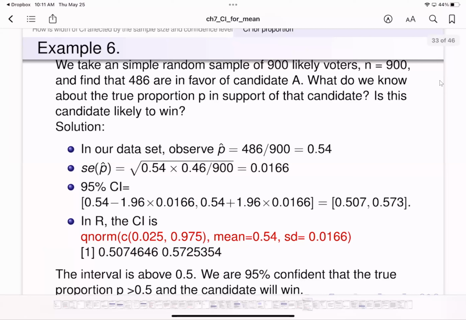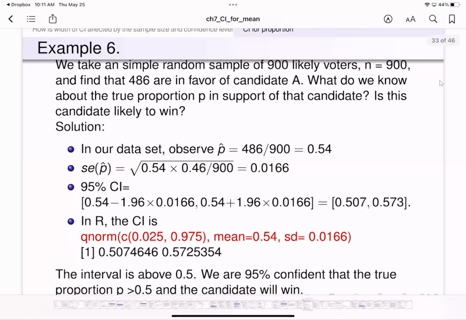Again, the sample size of 900 might be a concern. If you think about what we say for large n, generally we would hope to use more than 1,000 to use this formula. But in this case, it's not a concern. That's because p hat is 0.54.